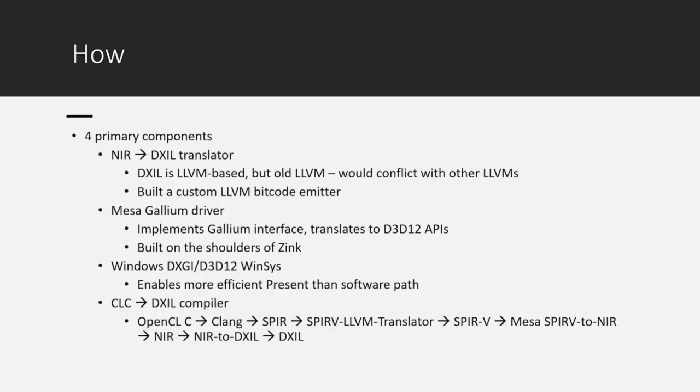And then we built a CLC to DXIL compiler, which goes through this crazy compilation pipeline from OpenCL source through the Clang compiler to SPIR, through the SPIR-V LLVM translator into SPIR-V intermediate, through Mesa's SPIR-V parser into Mesa's NIR intermediate, through the NIR to DXIL path, and finally we get out DXIL at the end.